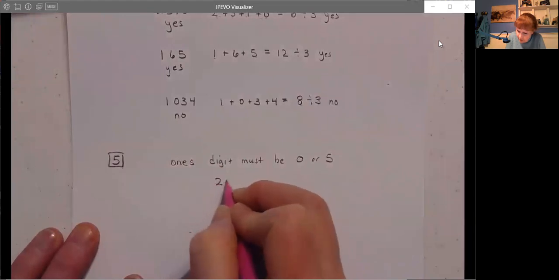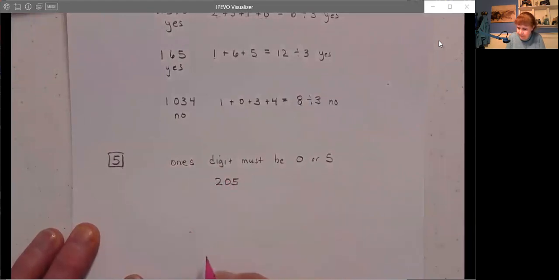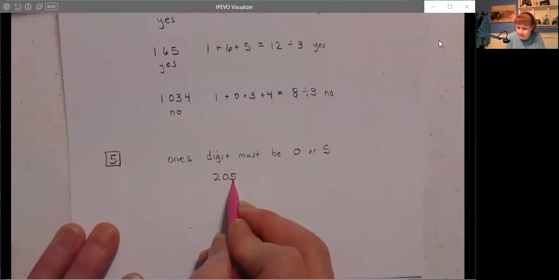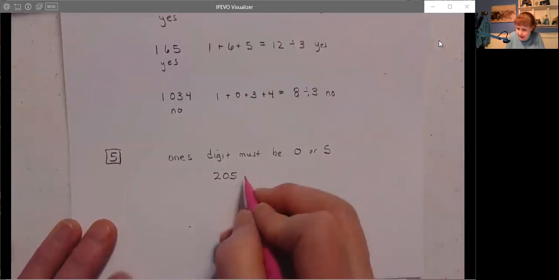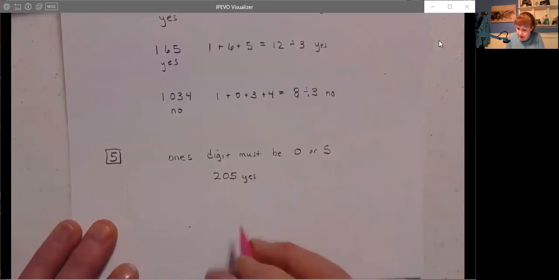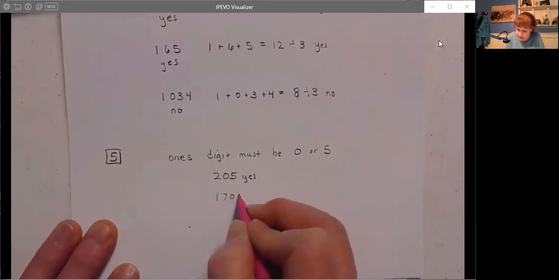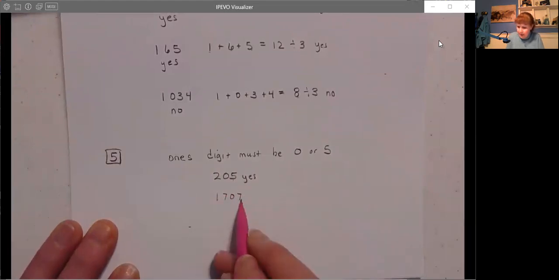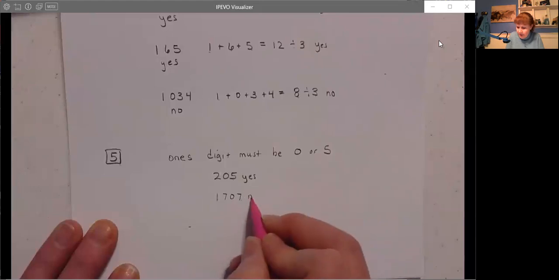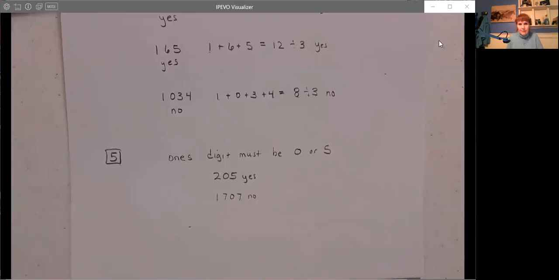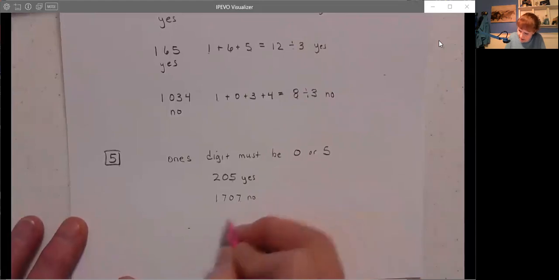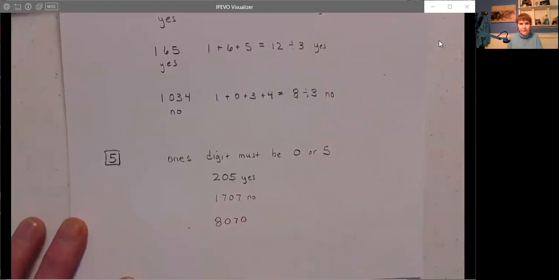So here, 2005. The ones digit is a 5. So this one is yes. 1707. The ones digit is a 7. So the answer is no, it is not divisible by 5. Let's say 8,070.